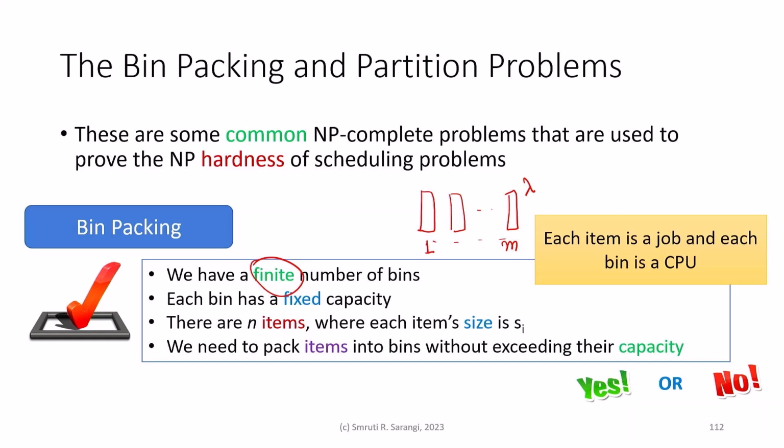This is the same as saying without exceeding a known Cmax threshold, which in this case is lambda. Given that there is no preemption, which would be tantamount to cutting an item and putting part of it here and part of it there, I pack these bins with items, which are nothing but jobs, and no cutting is allowed. I want all of them to fit within the bin size of lambda. This is the decision problem version of the NP-complete problem: do they fit or not?